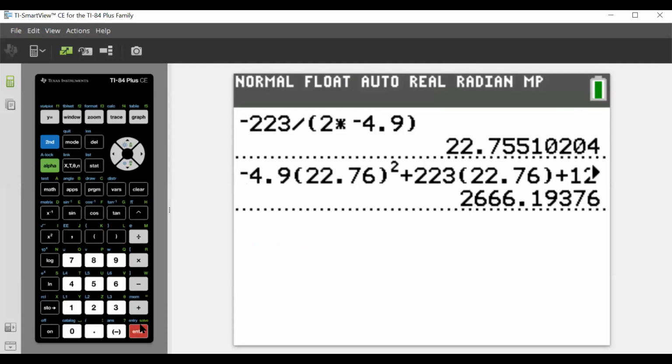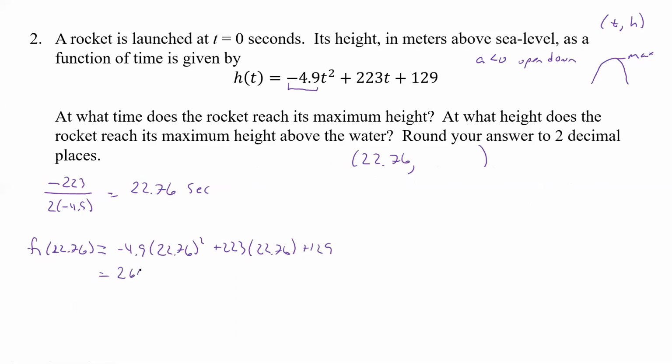And so we get 2666.19, and the 3 won't round that up, so 0.19. That's going to be our height. So that was 2666.19, and we're in meters. And so that would be what our y was.